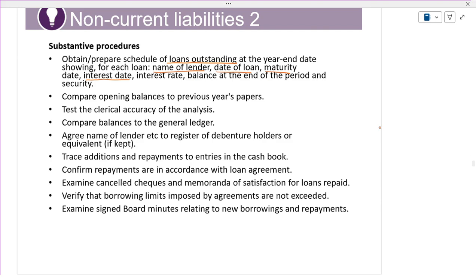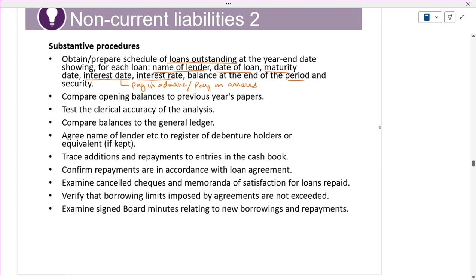Sometimes you will pay in advance, sometimes the client will pay in arrears, at the beginning or end of the month, or the beginning or end of the year. And the balance at the end of the period, and security.